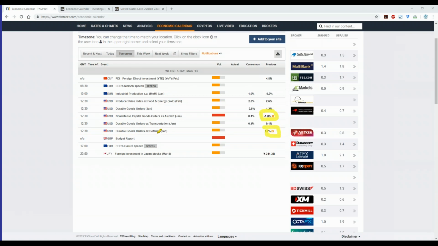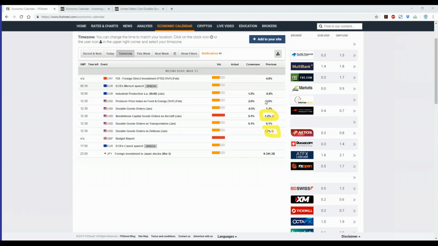So we can see here our durable goods report has been revised from 1.8 up to 1.9. That's only for last month's release. That's all it's telling us, is last month's report was revised upward or downward. Okay. And that's a good or a bad thing because it all comes into play on how overall the economy is, and it also has an effect on the current report that's about to come out.